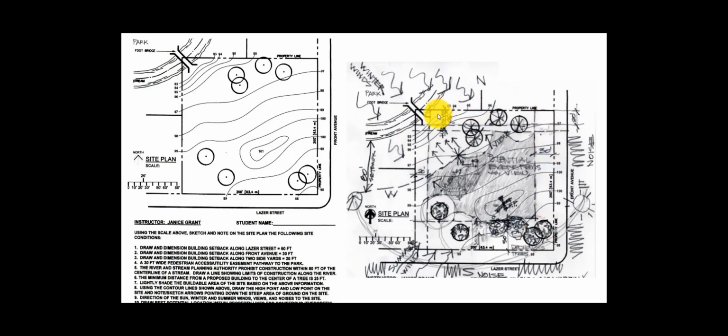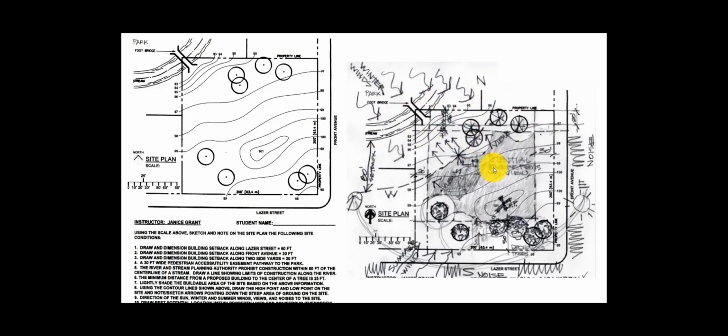There's an easement. An easement is not just for utilities, but it can also be access to a park. Like in this case, a person needs to be able to go onto this lot in order to get to the park, and that would be the easement here of 30 feet.